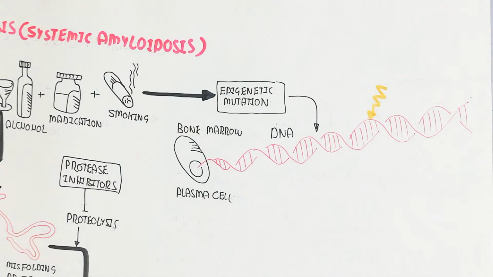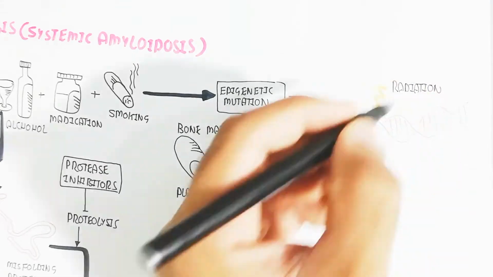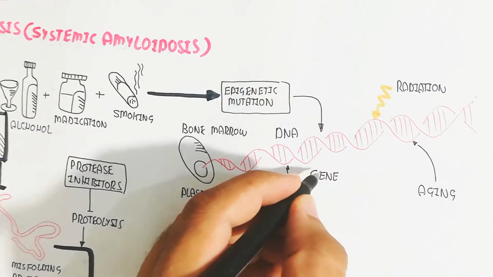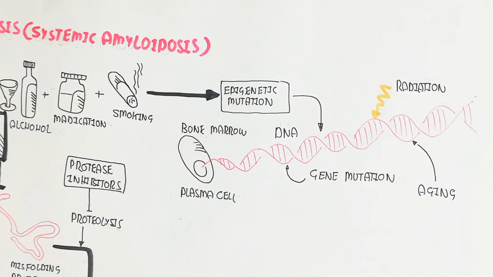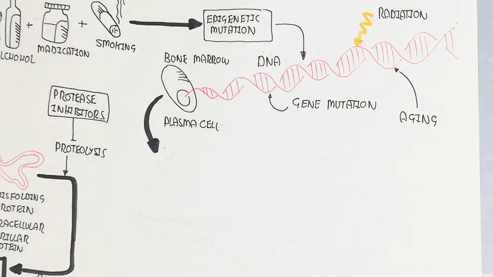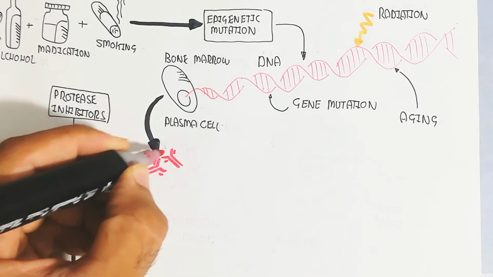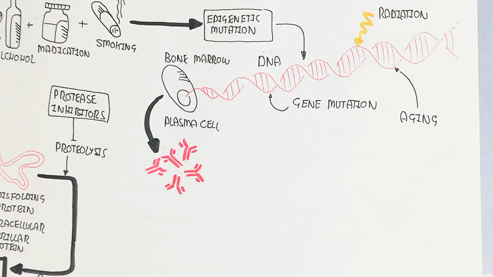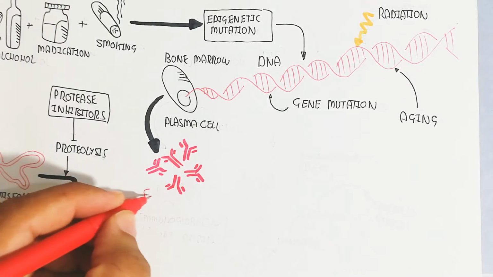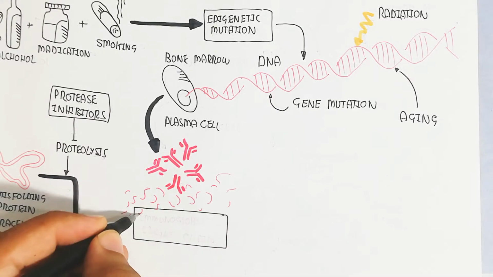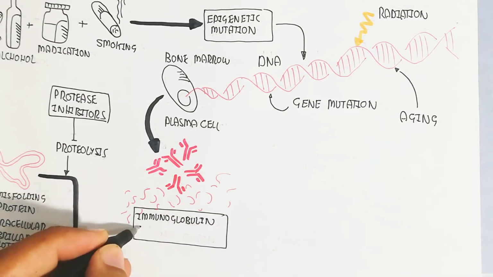So the immunoglobulin light chain will be produced as well as the antibody. The complete immunoglobulin will be produced, but the immunoglobulin light chain is harmful because the immunoglobulin is very important for combating the antigen, but this light chain has no function.